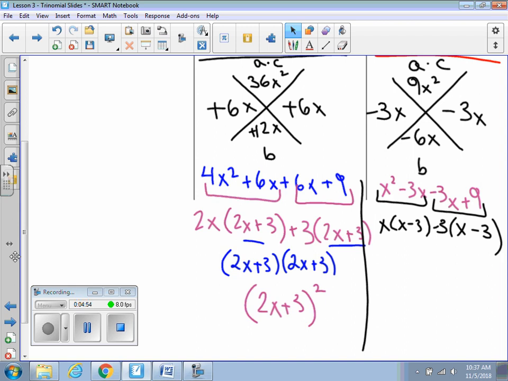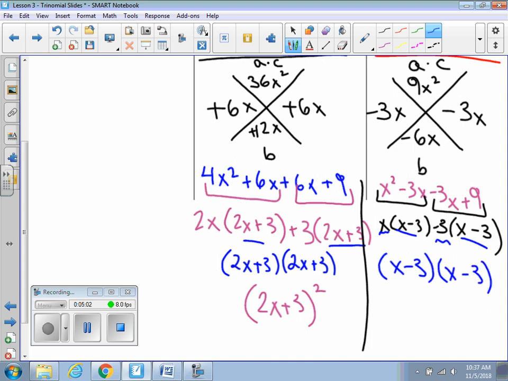So now I've got x minus 3 in common for both, so I take it out. And oh hey, what do I have left over? x minus 3. So we know it's really just x minus 3 whole quantity squared, and you can see it either way. So there's perfect square trinomials. If you don't recognize them, just use your x method and grouping and you'll be fine.